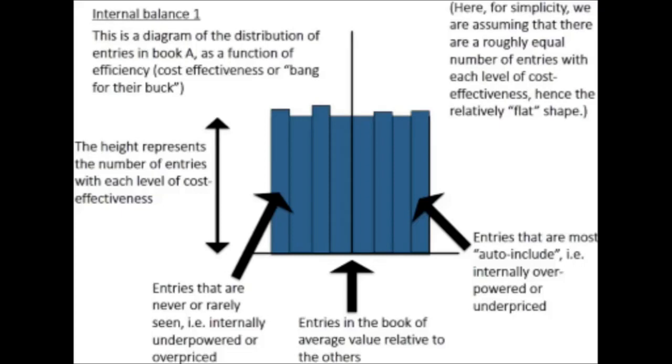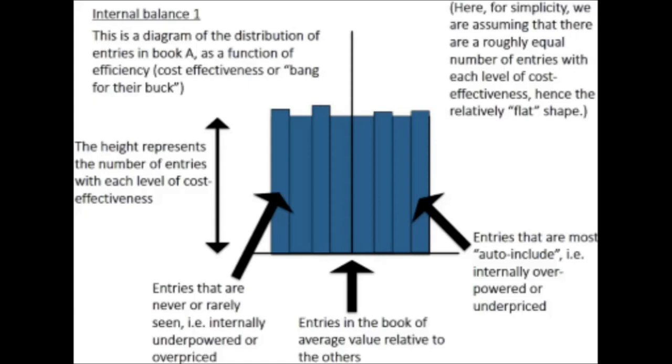Each army book has units which are more cost efficient, bring more bang for the points, and entries which bring less bang for the points, so are less point efficient.